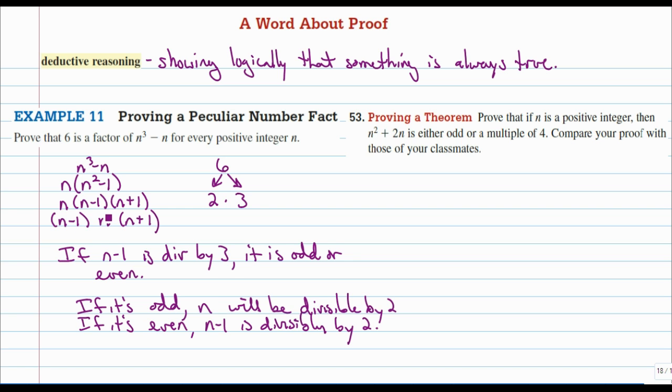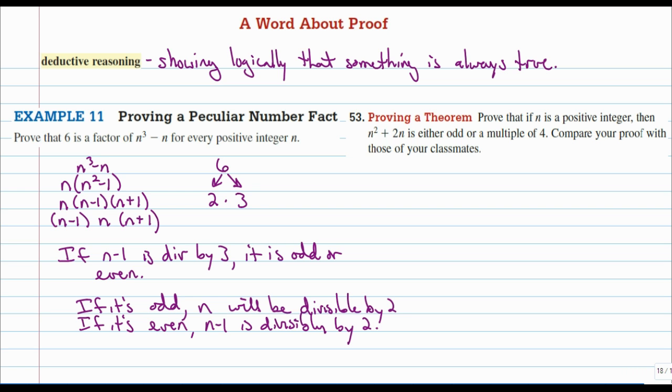If n is the piece that's divisible by 3, because one of these has to be, then either it is even and divisible by 2, or both numbers to the side of it are even and divisible by 2. Therefore the whole thing is divisible by 6. If n plus 1 is the number that's divisible by 3, then n is divisible by 2 if n plus 1 is odd.